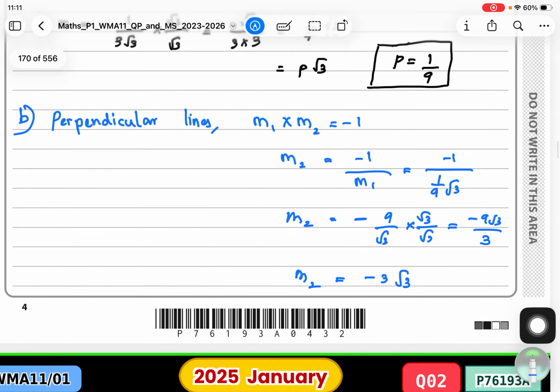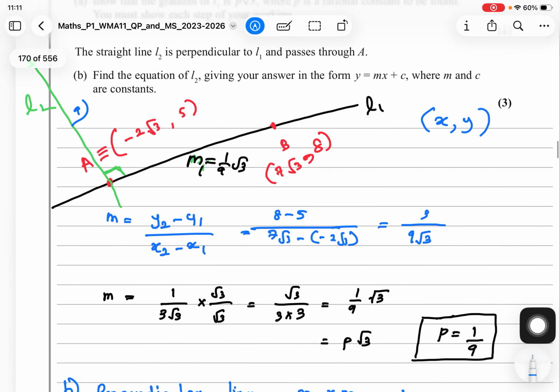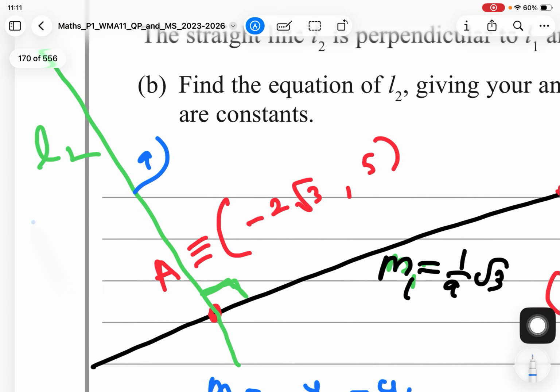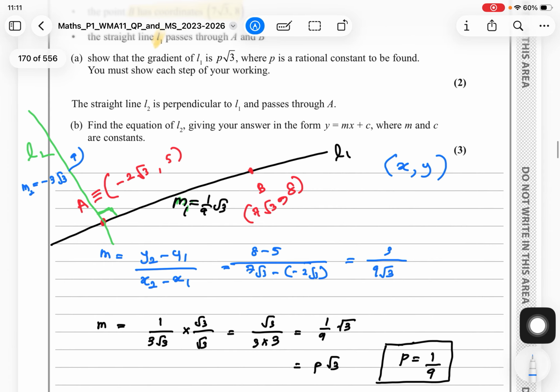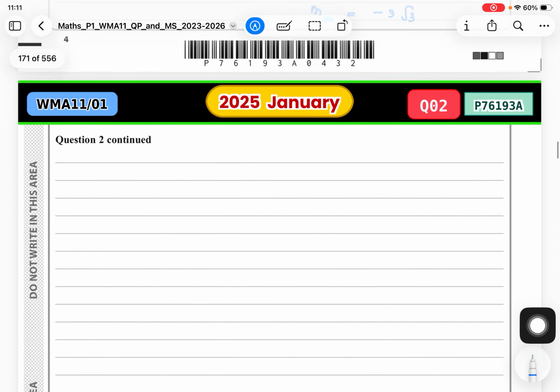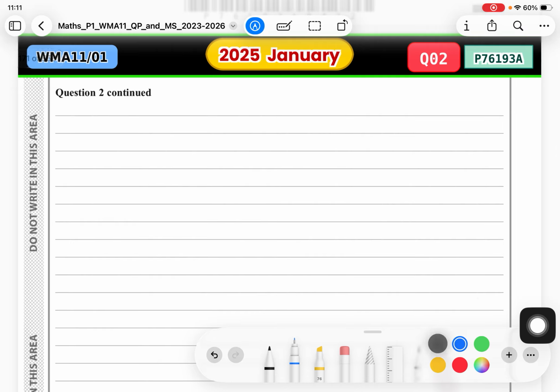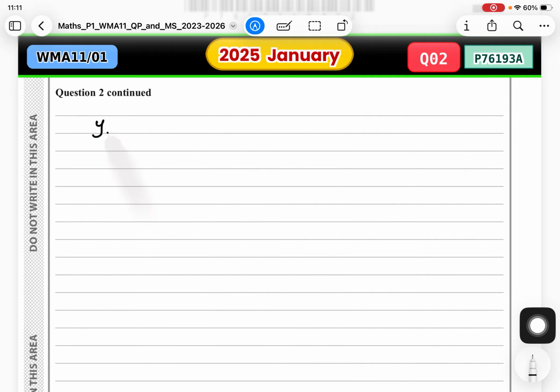So the gradient of the new line is negative 3 root 3. Once we have that information and a point as well, this is pretty easy now, because y2 minus y1 is going to be gradient times x2 minus x1.